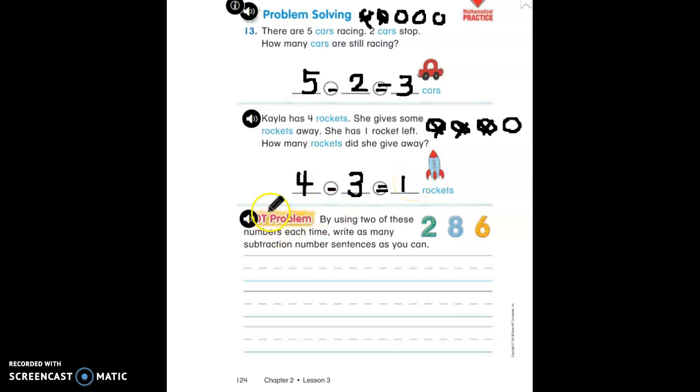All right, we're on our last, which is called the hot problem. By using 2 of these numbers each time, write as many subtraction number sentences as you can. All right, so let's start with 8. 8's the big number. Let's go ahead and start with 8. If we have 8, and we take away 6, we have how many left? 2 left.